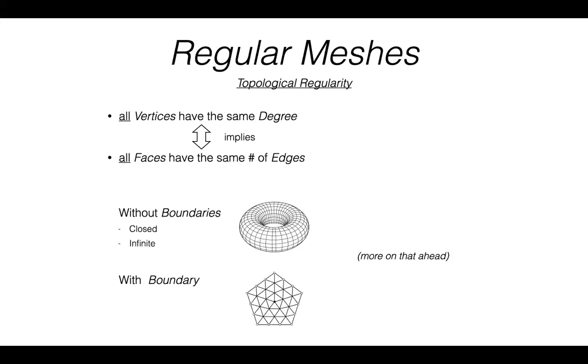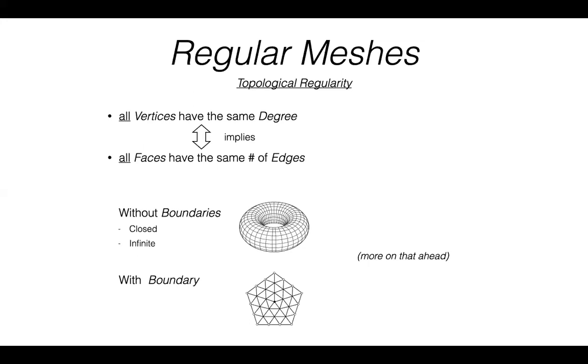But in practice, we also have surfaces that have a boundary. In that case, we have to distinguish the points that are internal to the surface and the points that are along the boundary. And in that case, we don't use this rule. Here this is a regular mesh, and all these vertices have valence 5.